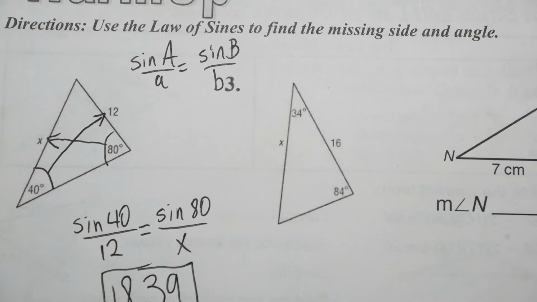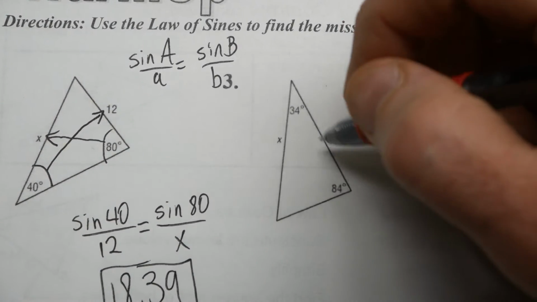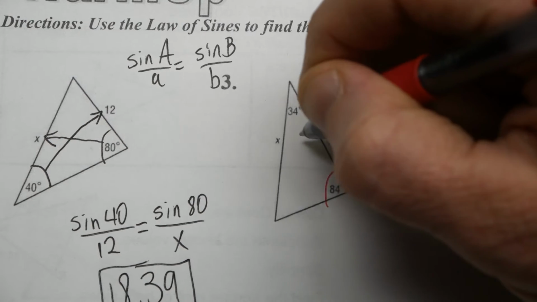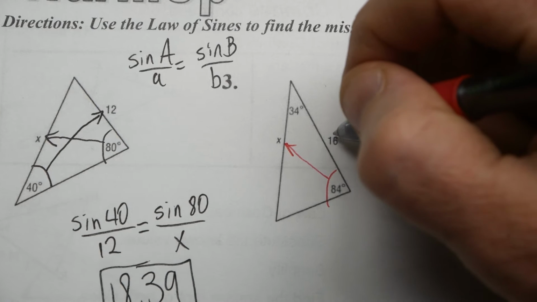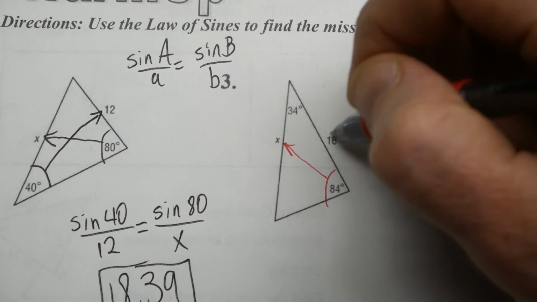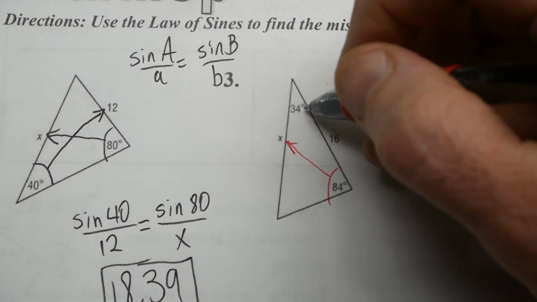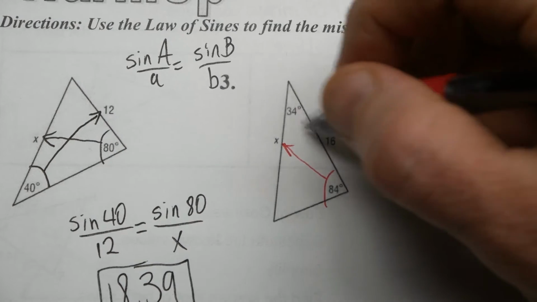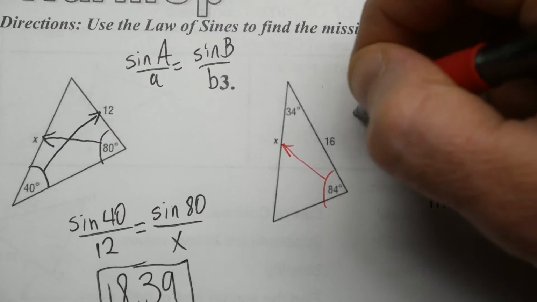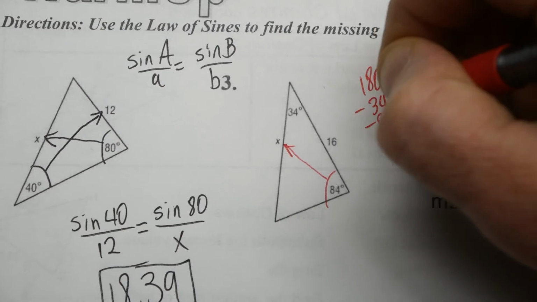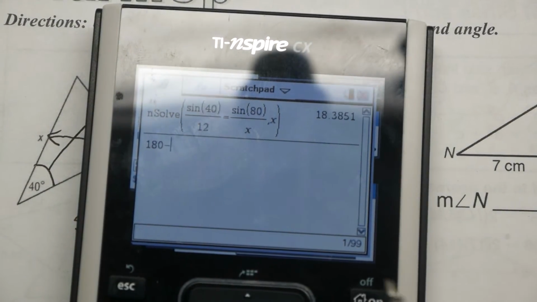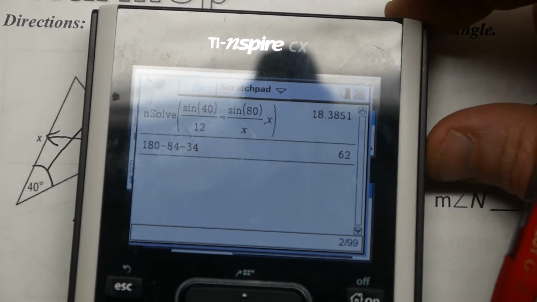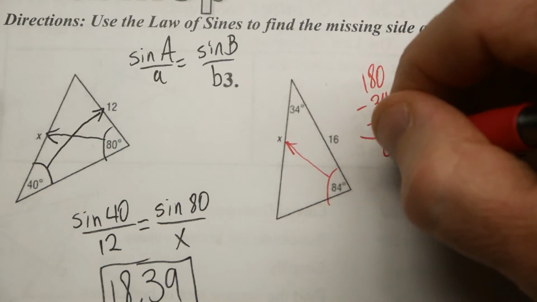Okay, the second one. Now I can see I've got this 84-degree angle and this X that is opposite it, but the problem is I don't know the measurement of the angle that's opposite this 16 right here. That's easy enough to find though, because I know these three angles add up to 180. So I'll just type it in here real quick, 180 minus 84 minus 34, that is 62.